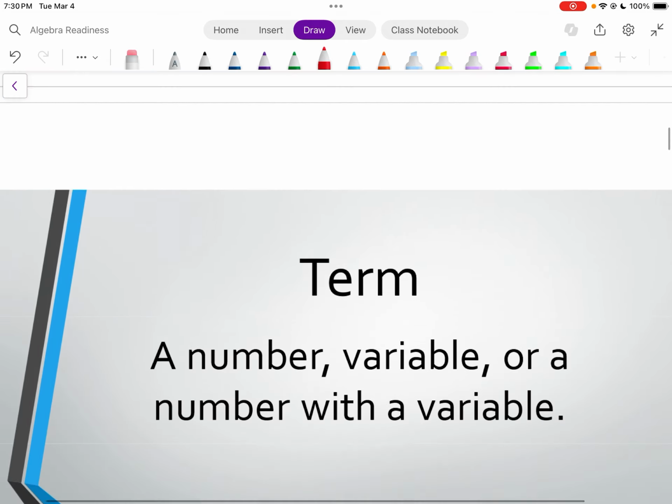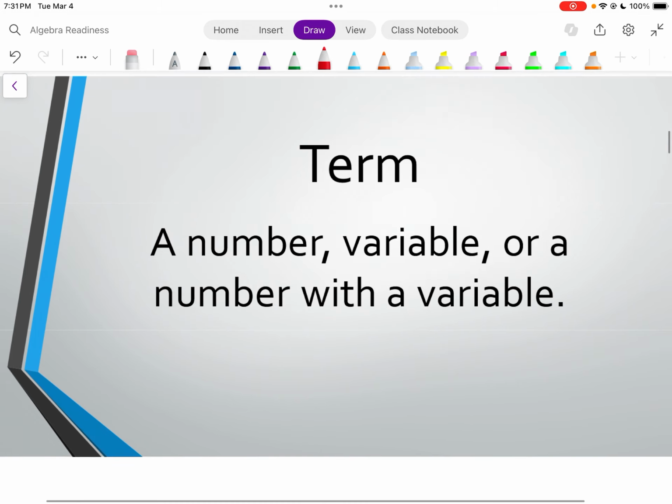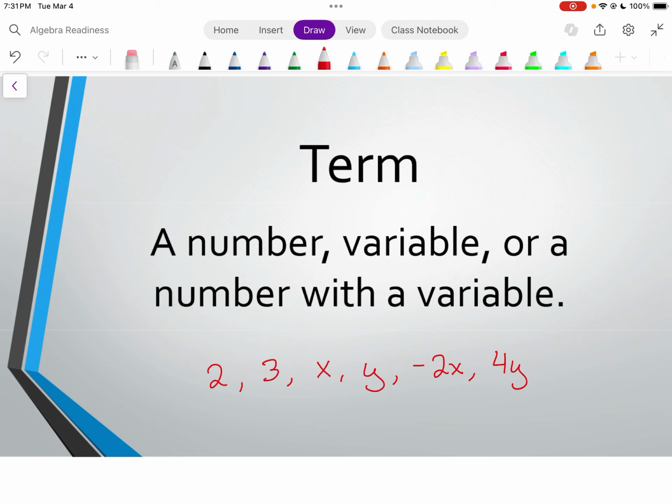All right, our next word is term. A term is a number, a variable, or a number with a variable. So go ahead, write that definition down on your note packet. Some examples of a term would be 2, 3, X, Y, negative 2X, 4Y, or 10Y.